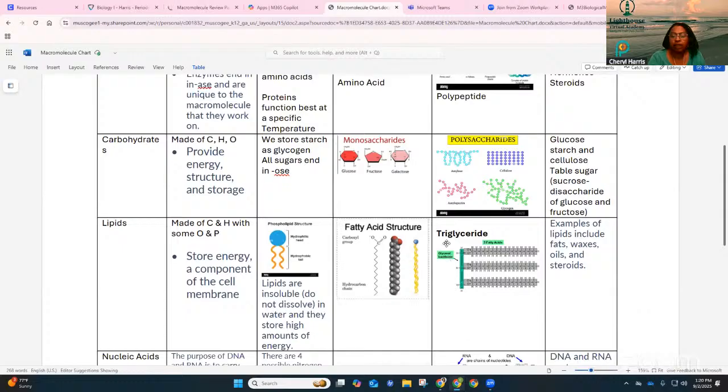Three fatty acids and a glycerol molecule. So make sure you look at that. There are three fatty acids and one glycerol that make a triglyceride. That's the polymer. Know your examples. Know that the thing that's unique about lipids is they do not dissolve in water.